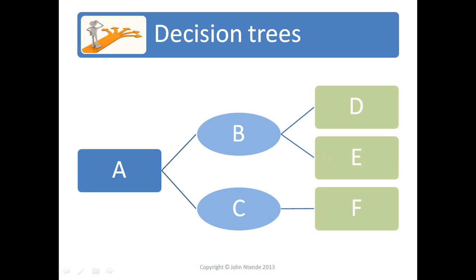There's something called decision trees. So what is a decision tree? A decision tree is where you're trying to make a decision.